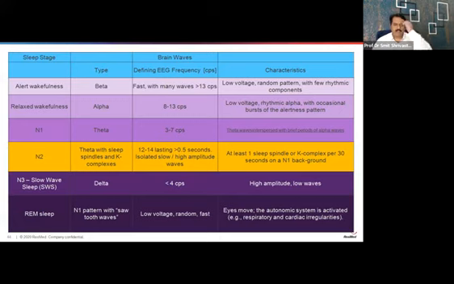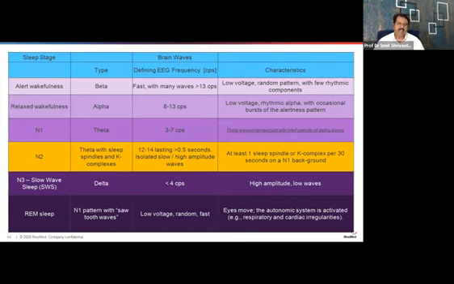Till now we had fast waves but low amplitude; now it becomes slow waves with high amplitude. In N3, the deep sleep, delta waves come, with fewer than 4 cycles per second and high amplitude.